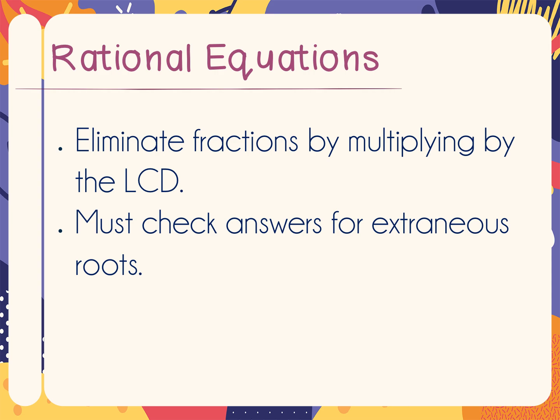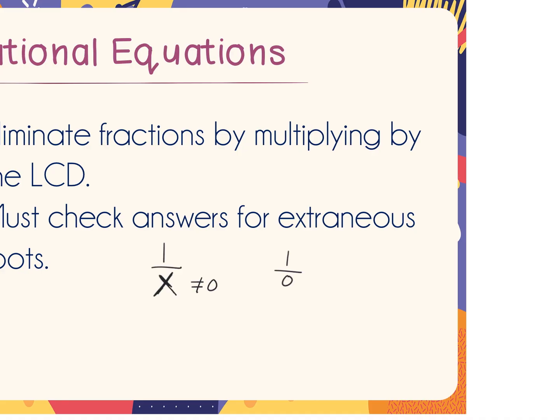Now, if we remember, some time ago we briefly discussed what makes a rational expression undefined. If I have something like 1 over x, I know that x cannot equal 0. If I have 1 over 0, or any number over 0, this is undefined.